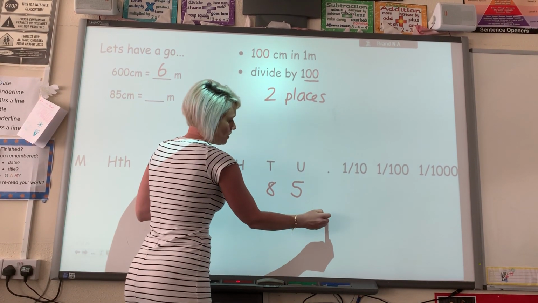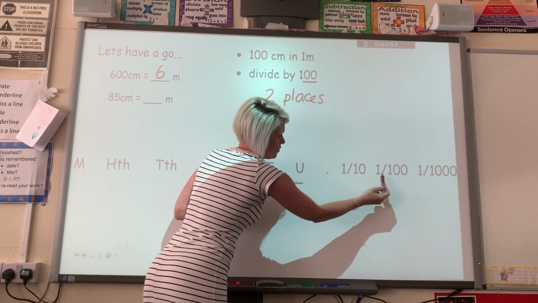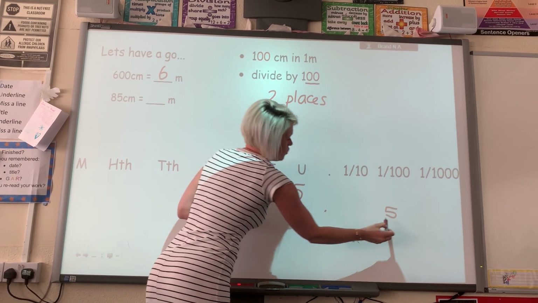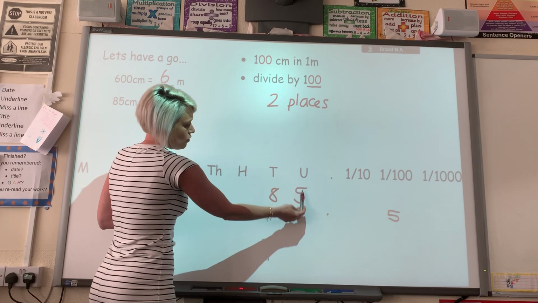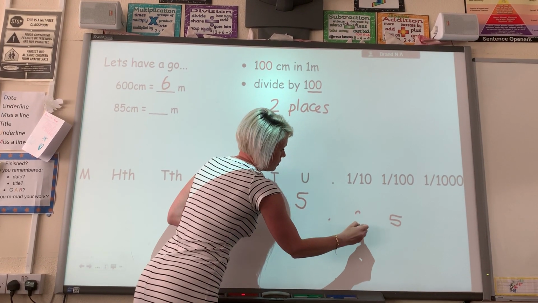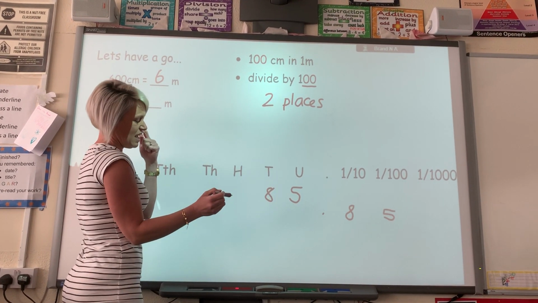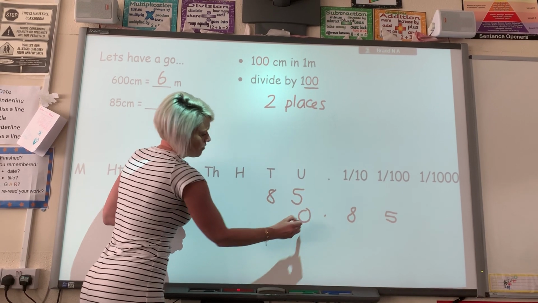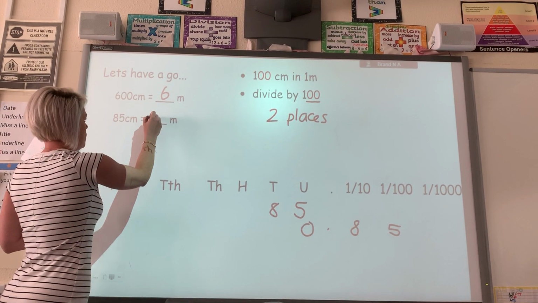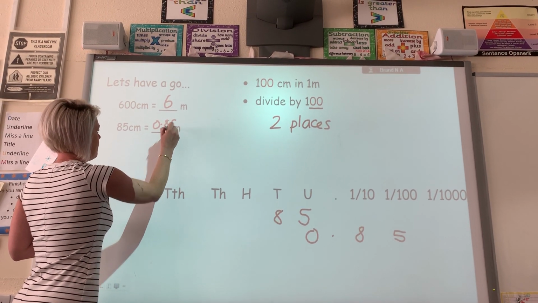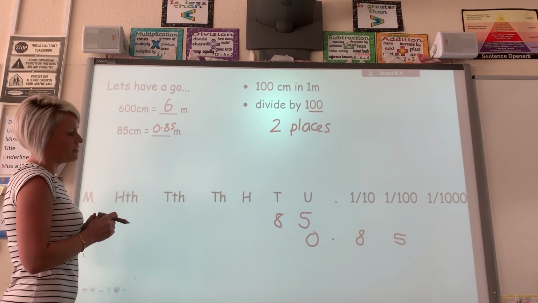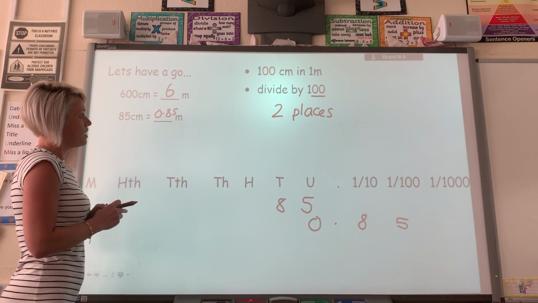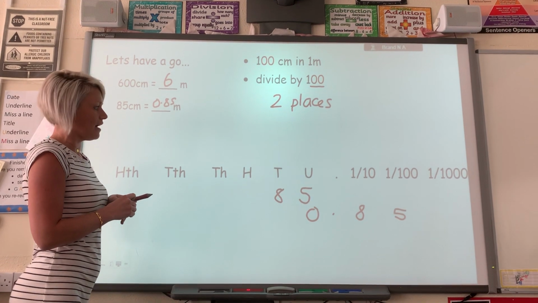So 5 goes into my hundredths, and 8 goes into my tenths. If I can put a 0 there, now I've got 0.85 metres. So 85 centimetres is equal to 0.85 metres.